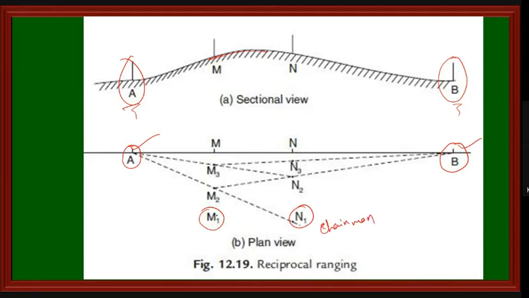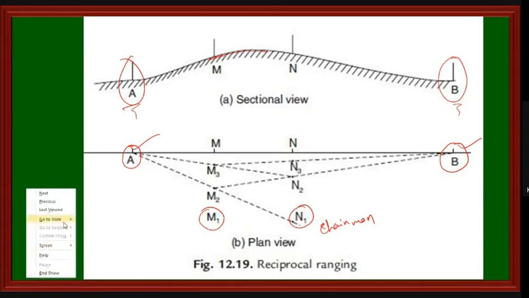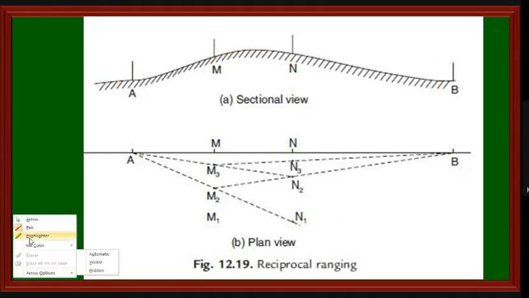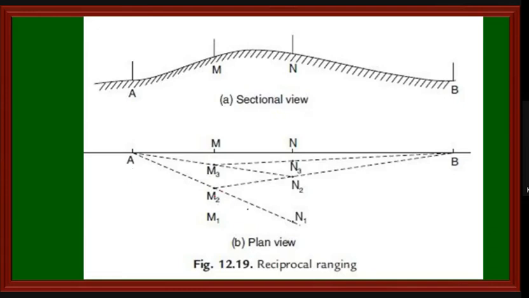See, the procedure is: M1 and N1 are not standing in a straight line. We want to bring them into a straight line.